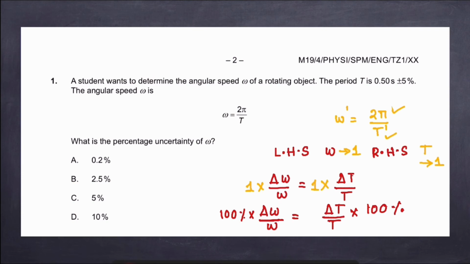So the percentage error in measuring omega will be equal to the percentage error in measuring the time period. In the question they have given the measured value of time period as 0.50 plus minus 5%. So this is the percentage error in measuring the time period, which means this will be plus minus 5%. So the correct option to question number 1 is option C.